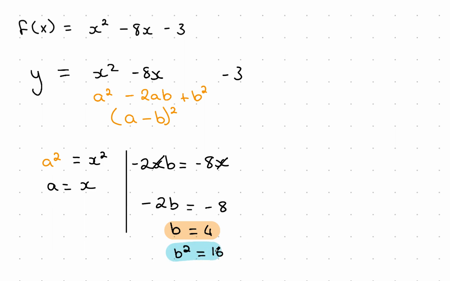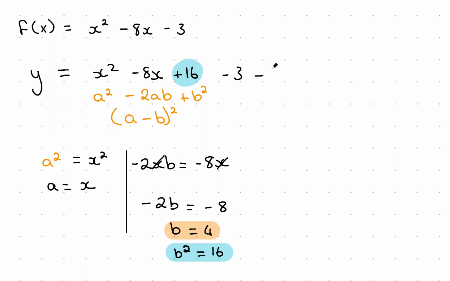Now we must remember that I can't just add in 16. I can't just say plus 16, there I go, my completed square, happy days. I actually have to remember that that's a function that's going to generate outputs, and even though I've made this adjustment to the function to restructure it in a new format, I need to make sure that it has the same outputs.